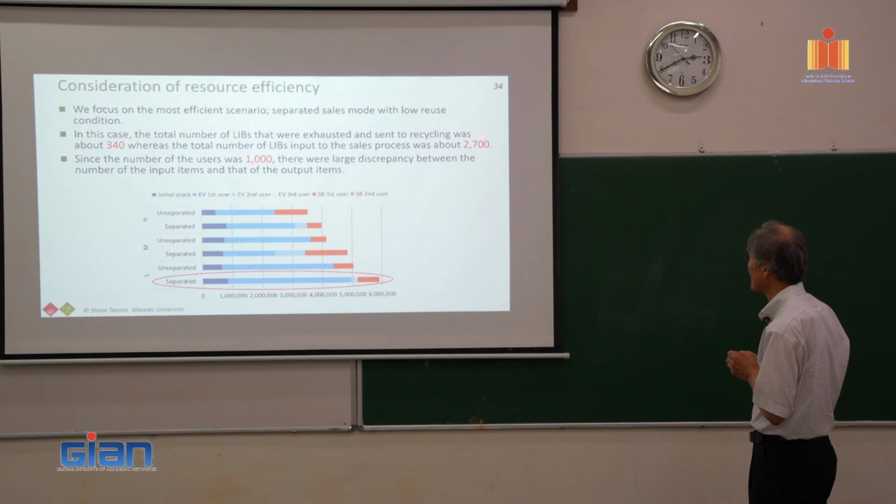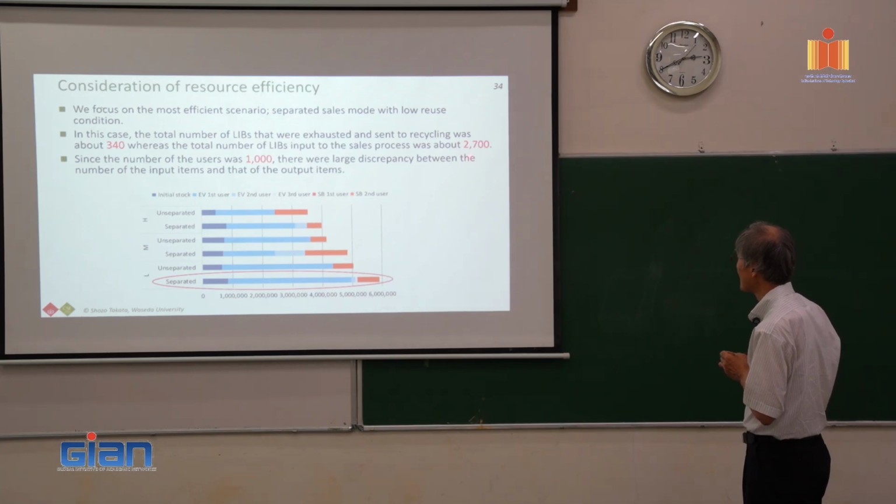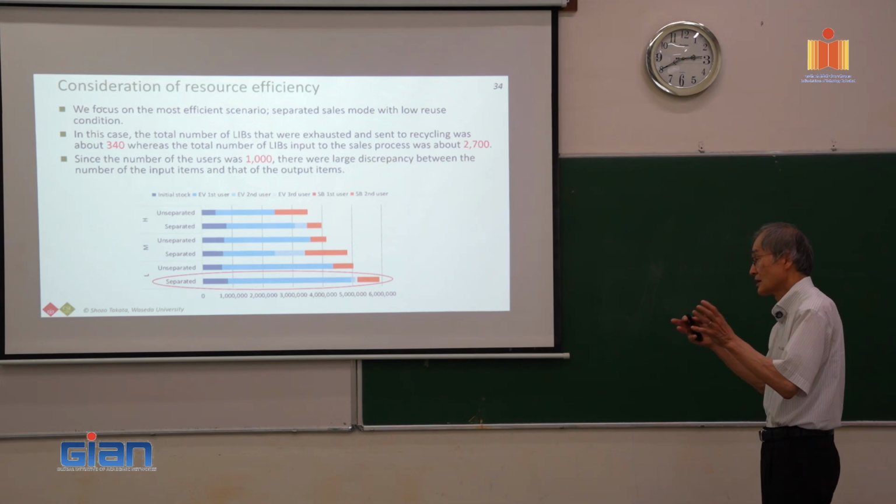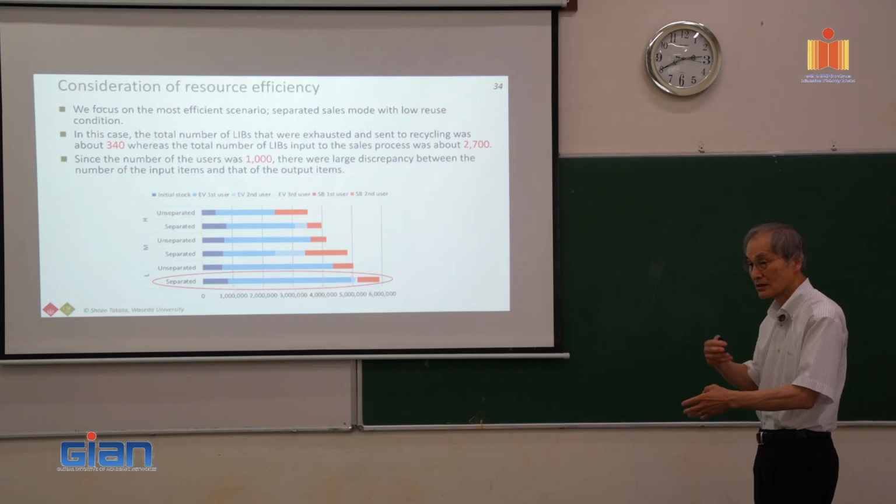That means the total number of the sold cars becomes 2,700 compared with the users. So of course, the user changes the cars sometimes frequently.